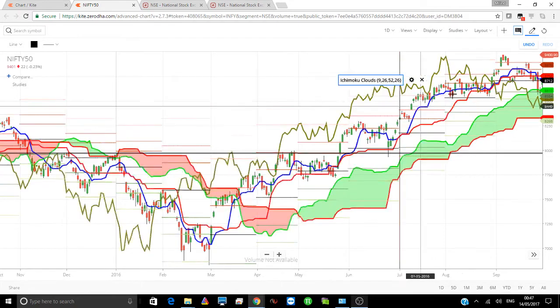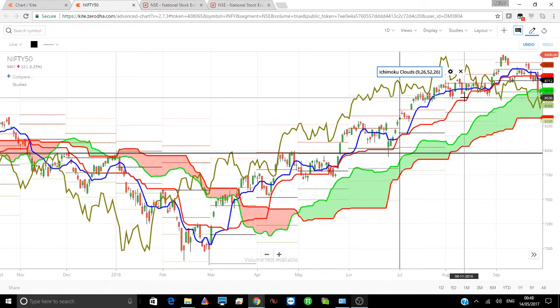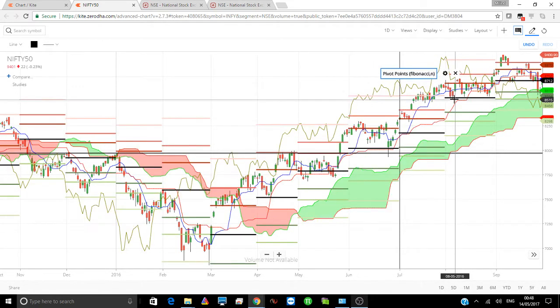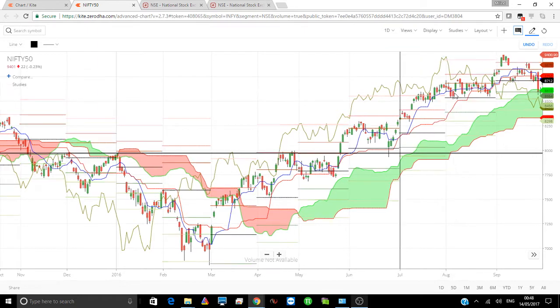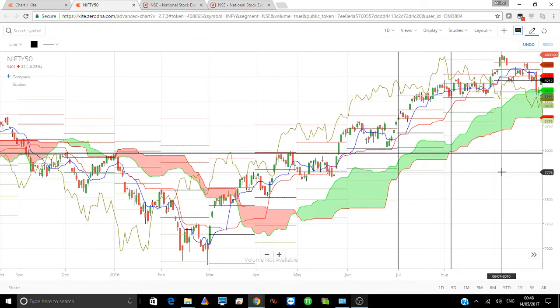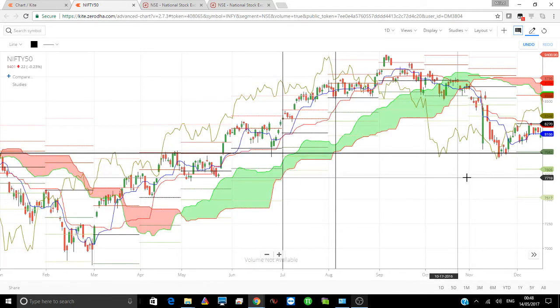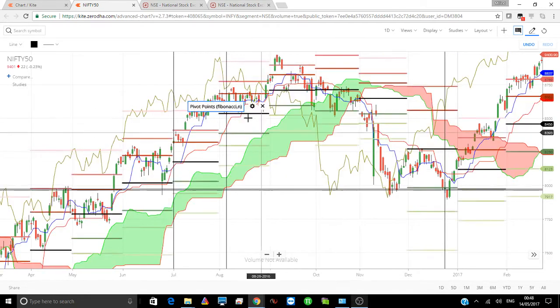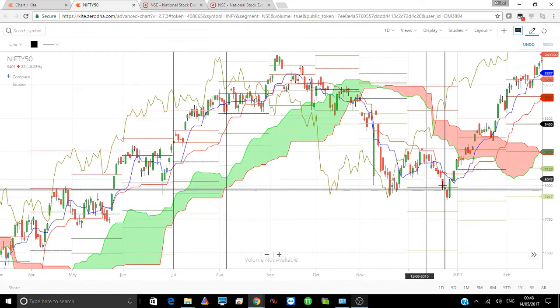So wait till it comes down to the PP line and then buy here, which is 8532. Probably 8532 was when it took a very nice support on the PP line. So this is where you would have bought, probably if you were the aggressive player. If you were not the aggressive kind, you wouldn't have bought this. You would have let it go.